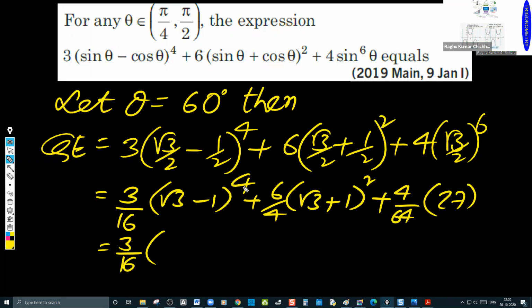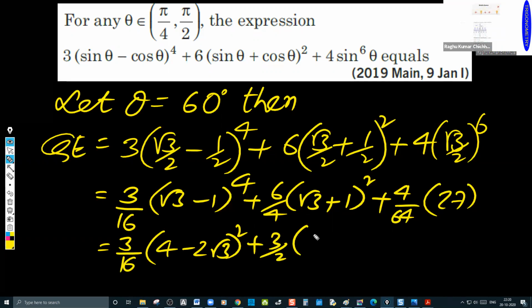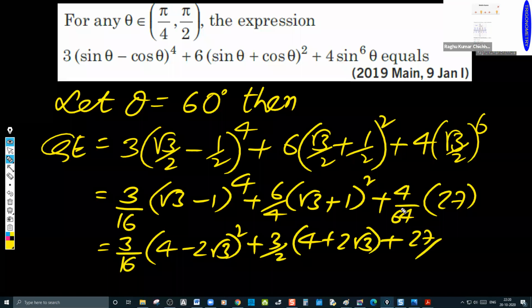Now, how to write root 3 minus 1 whole power 4? First of all, write root 3 minus 1 whole square. Root 3 minus 1 whole square will be 3 plus 1, 4 minus 2 root 3, whole square, plus 3 by 2 into this is 4 plus 2 root 3. I wrote that, and it is 27 by 16.